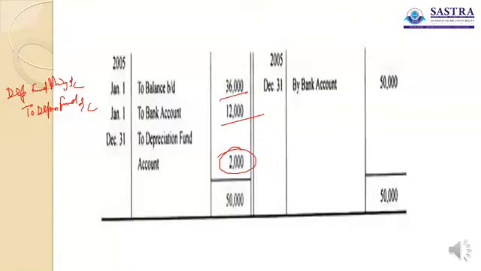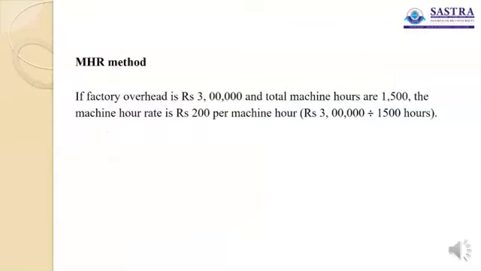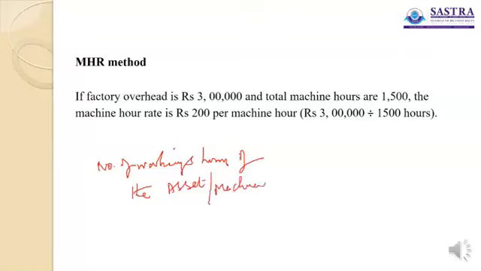Next is the machine hour rate method, the MHR method. Here, the depreciation is calculated using the number of working hours of the asset, particularly the machinery or the equipment which is put in use for operation purposes.